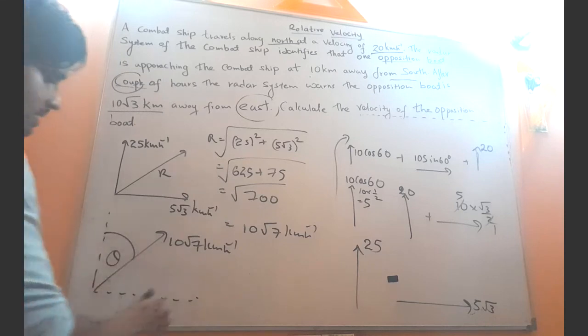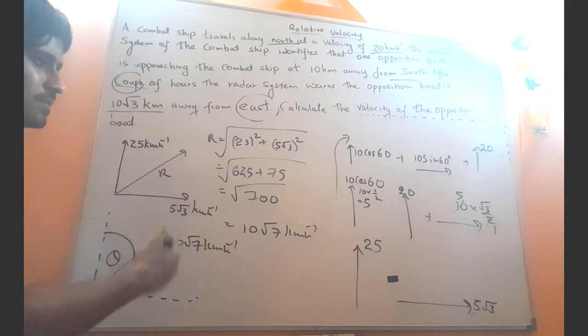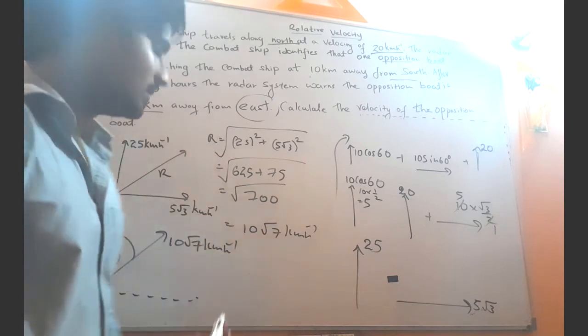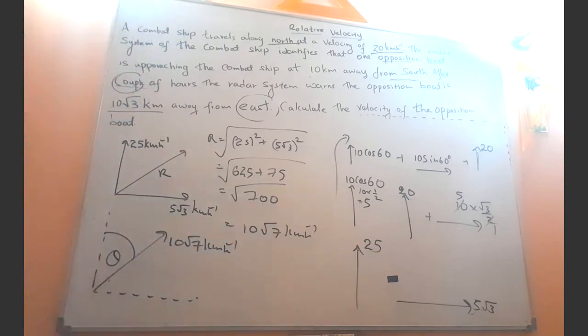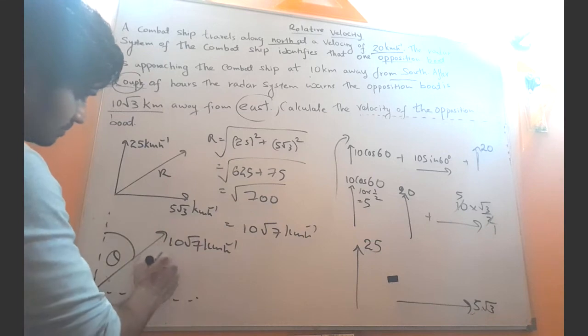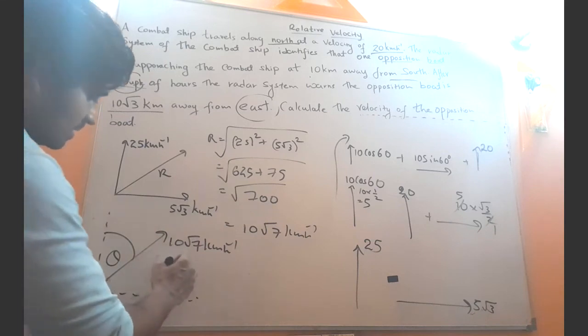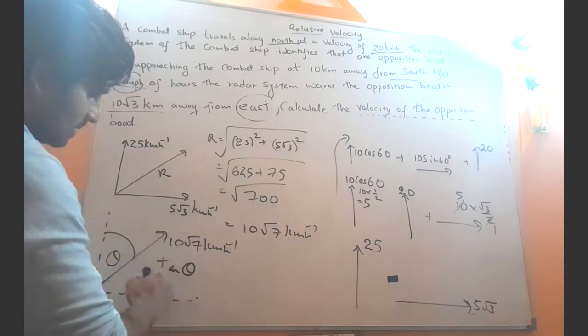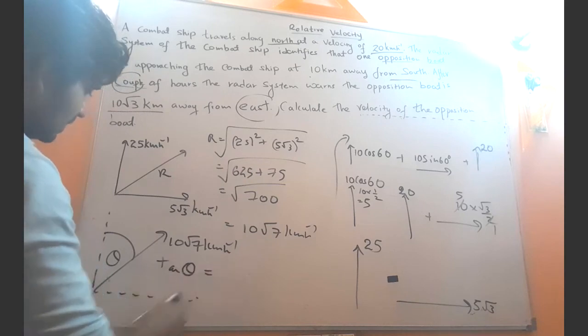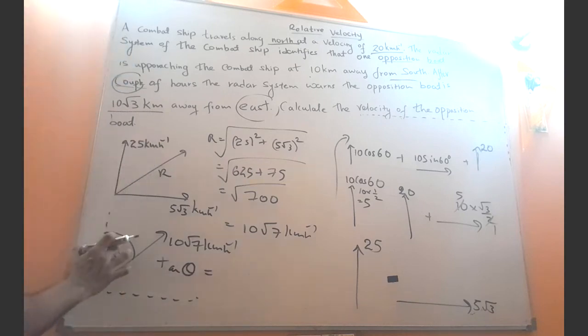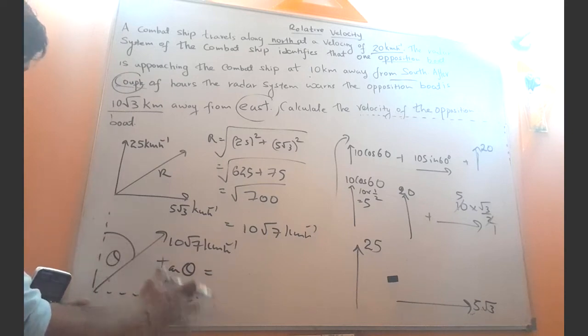Now we can form a trigonometric relationship. If you consider tan theta, what is tan theta? If this is theta, tan theta will be this component divided by this component.